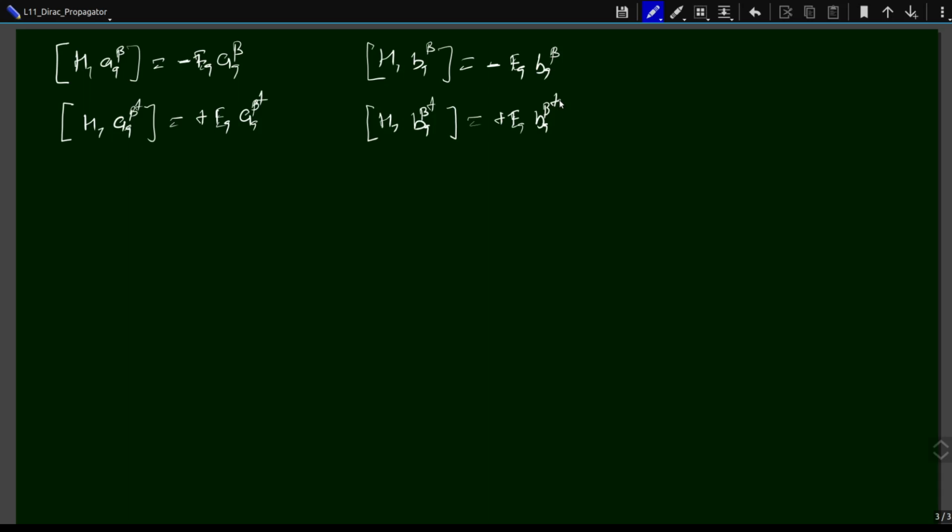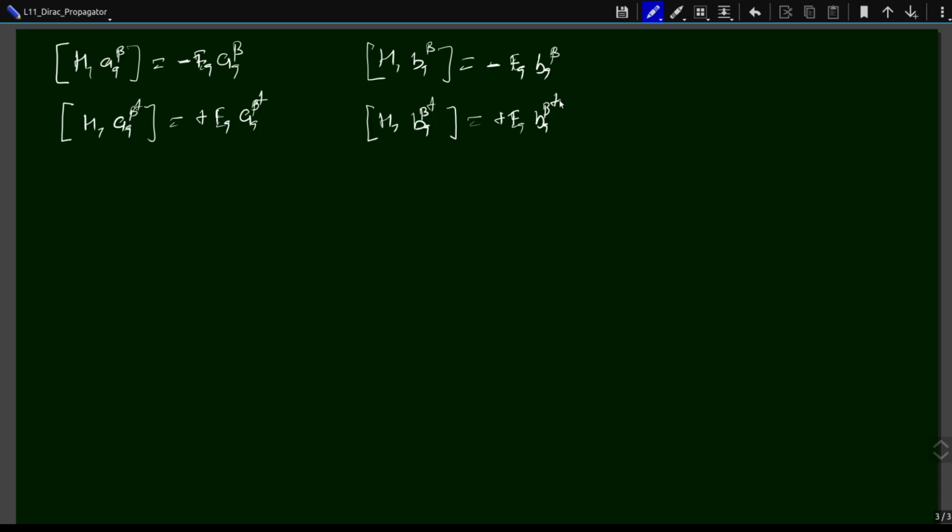Between a commuting object and an anti-commuting object, usually we define a commutator, and this comes out to be very nice expressions. These are exactly what you would expect from the raising and lowering operators in a harmonic oscillator. So to say, a dagger q beta increases the energy of the state by an amount E_q.